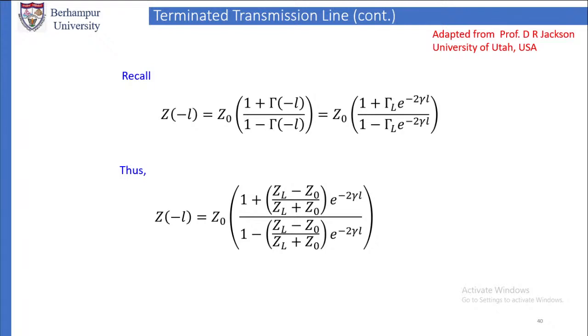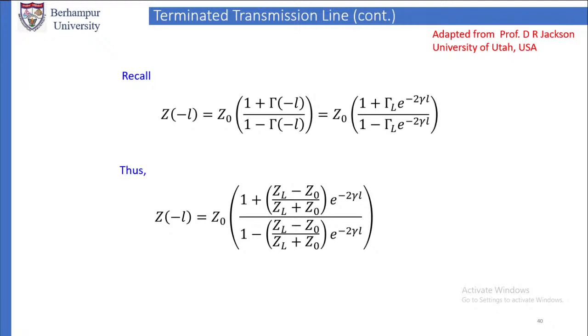Z of minus L, the impedance at a point L, is equal to Z0, the characteristic impedance, into (1 plus gamma as a function of minus L) by (1 minus gamma as a function of minus L), that you can write as Z0 into (1 plus gamma L exponential minus 2 gamma L) divided by (1 minus gamma L exponential minus 2 gamma L). Now gamma L is equal to (ZL minus Z0) by (ZL plus Z0).